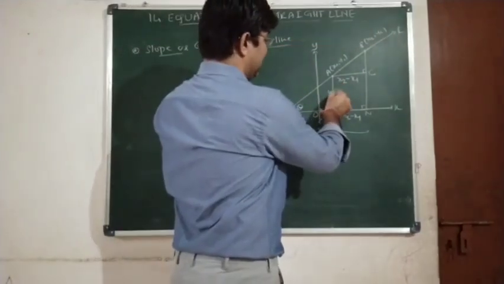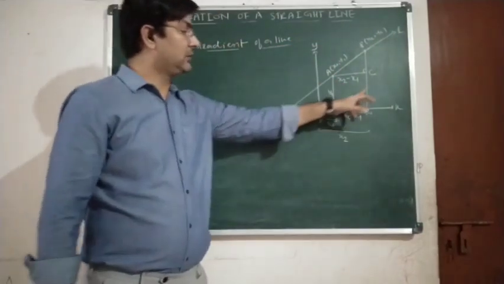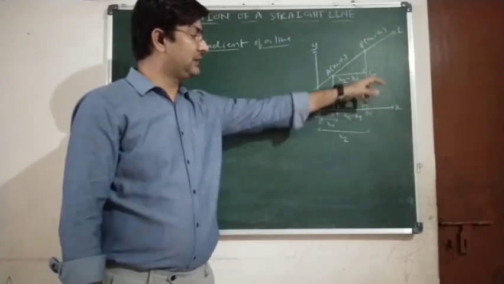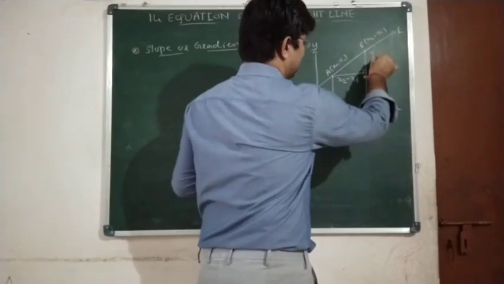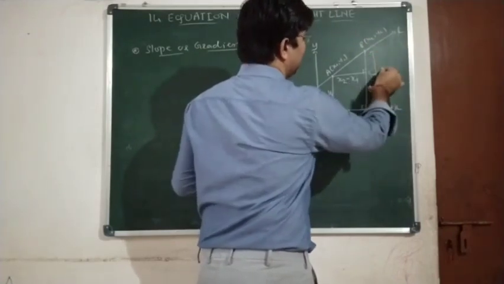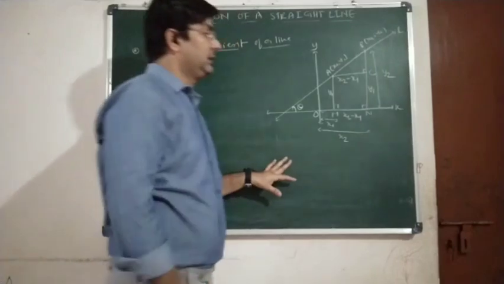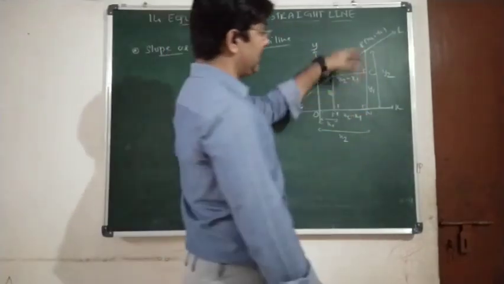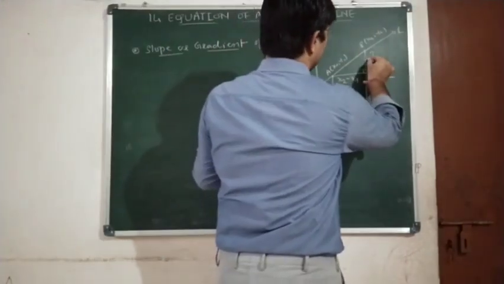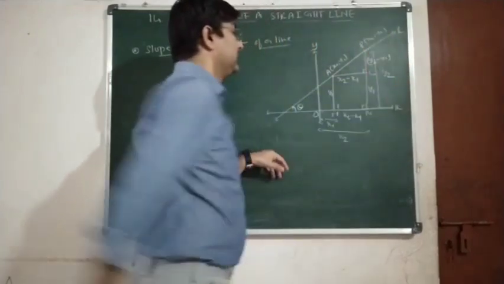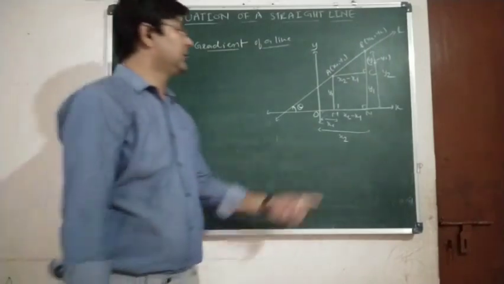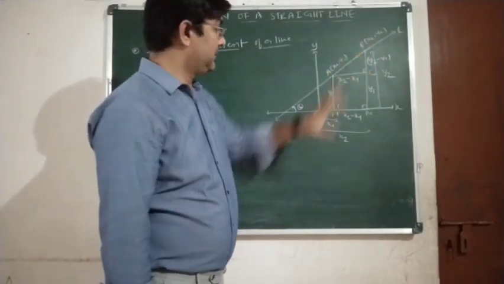Since AM is y1, the opposite side of the rectangle, CN, will also be y1. Again, perpendicular BN will be y2. And therefore BC will be y2 minus y1. So we got the two lengths AC and BC.